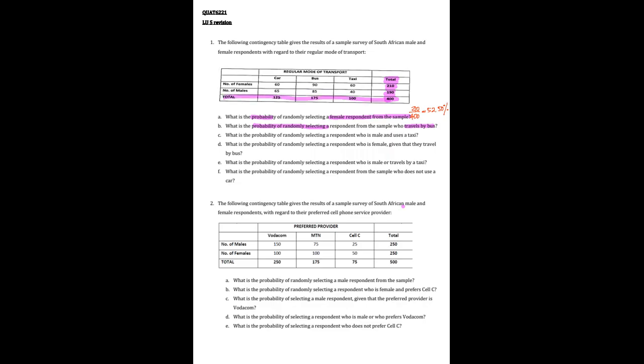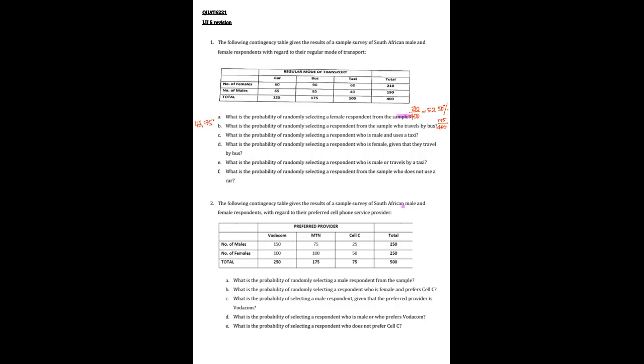Here's the bus as your mode of transport, so the answer will be 175 out of the 400. I honestly don't know where to squash this, so I'm just going to write it here as a fraction, 175 out of the 400. And then as a percentage, I'll write it on the side. It would be 43.75%.